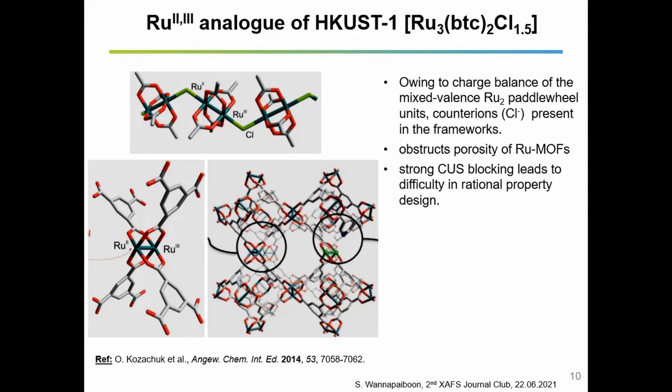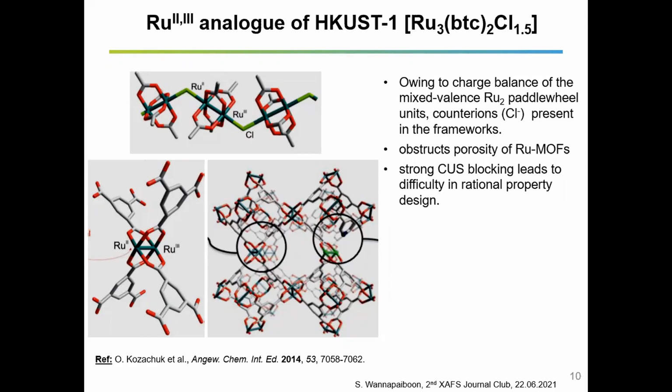The way of this work is to try to get the analog structure of copper HKUST-1 by implementing the highly sensitive metal clusters, so-called ruthenium, inside the structure instead. It starts from the synthesis of this. In the end, my colleagues got this kind of MOF, which has the ruthenium cluster inside and resembles the structure of the copper-based HKUST-1.